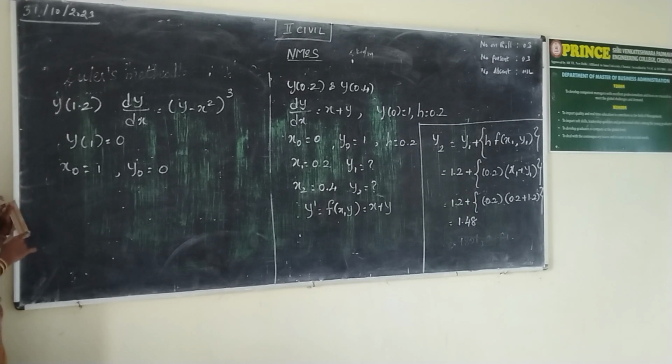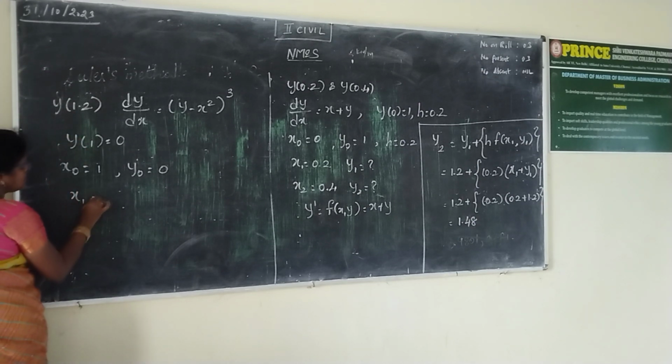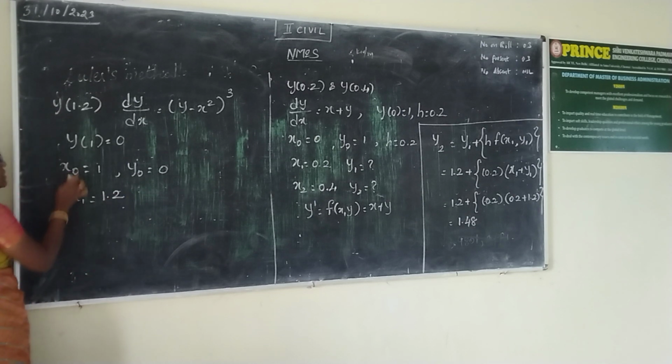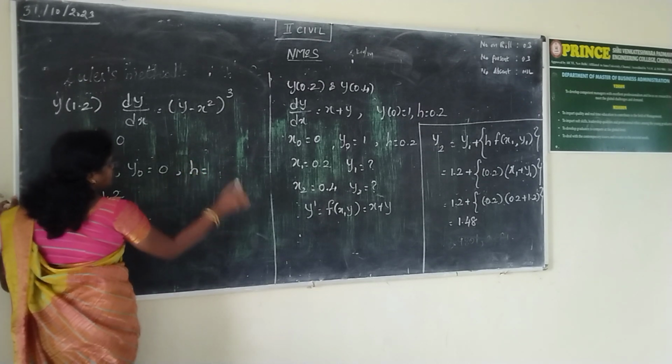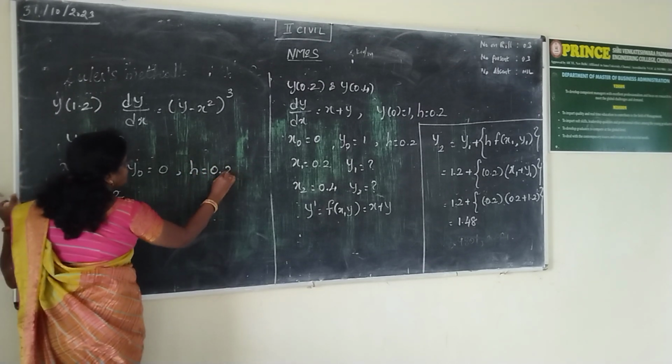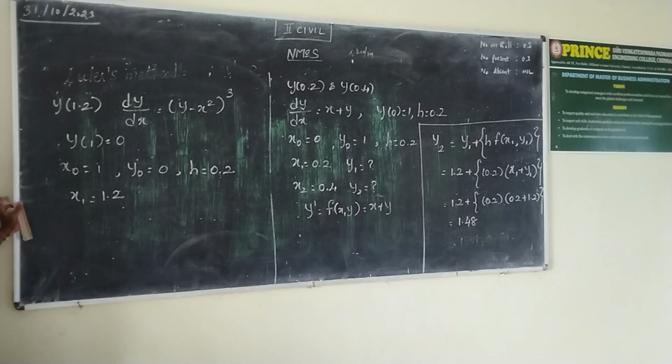What is the next x value given? 1.2. So x1 is 1.2. Now use this to identify the h value: x1 minus x0. So what is the h value? 0.2.